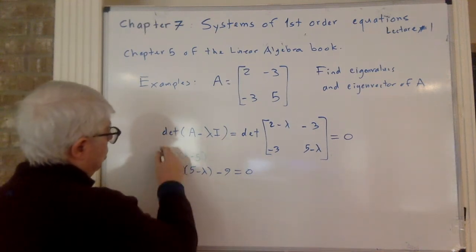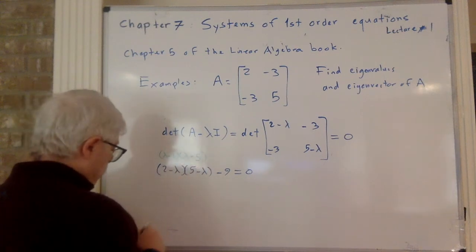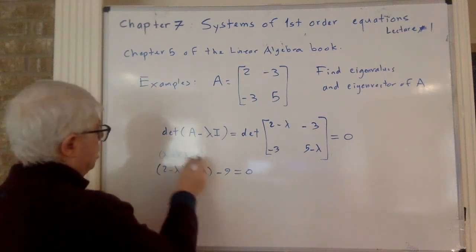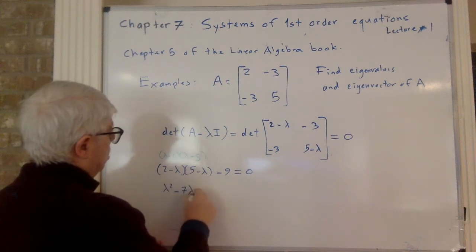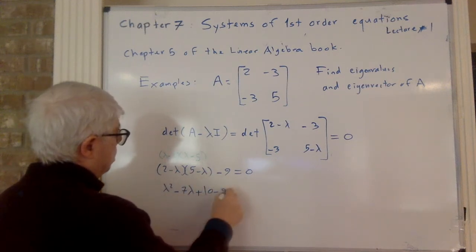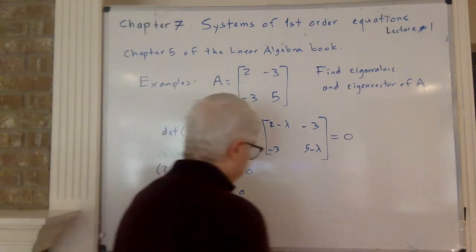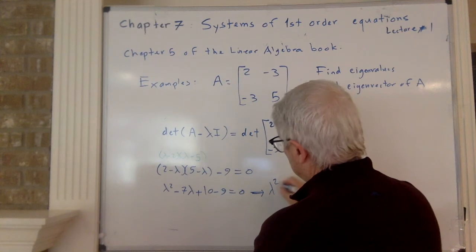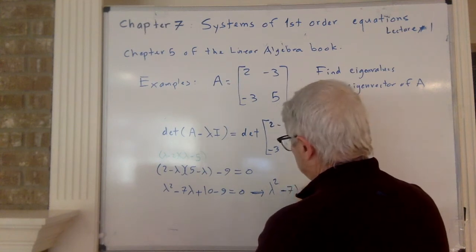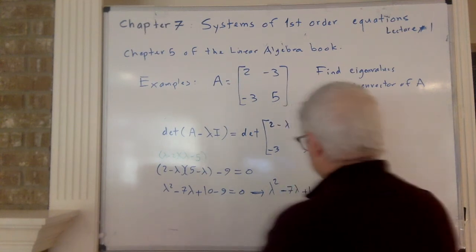So minus of this. So lambda squared minus 7 lambda plus 10 minus 9. So that is lambda squared minus 7 lambda plus 1 equals 0.